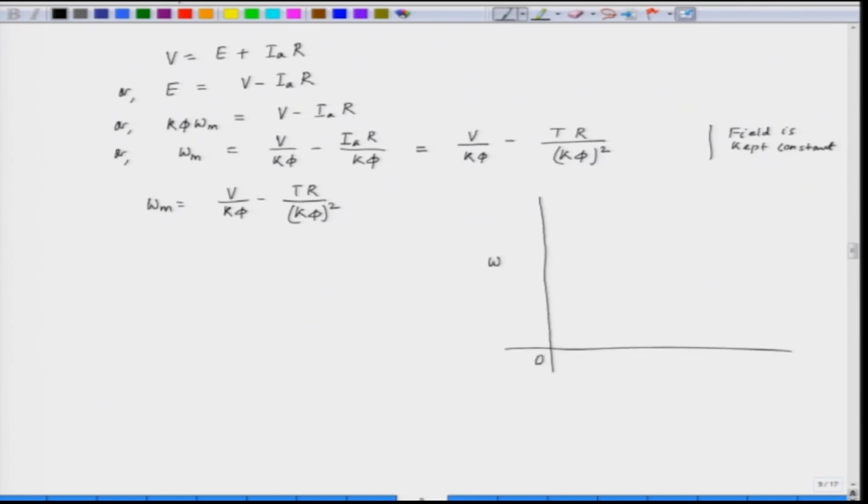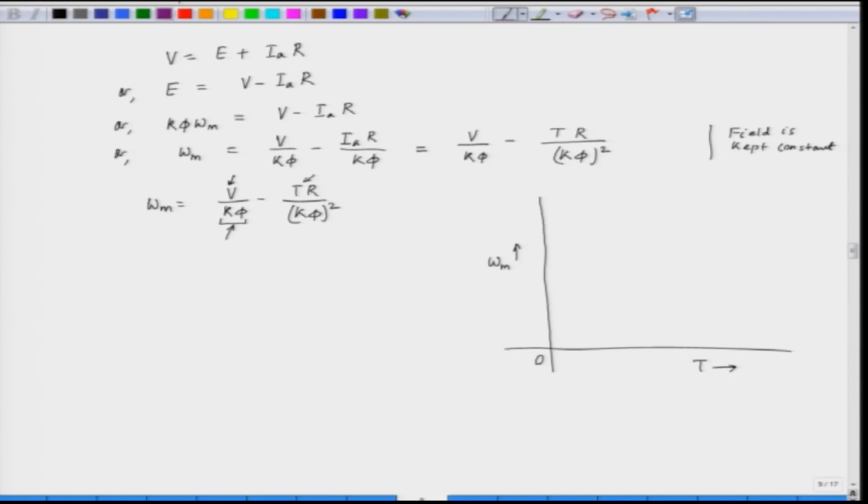We are here plotting omega m in the y axis and torque in the x axis. So, this is the applied voltage. The K phi is constant because we have assumed that the flux is constant. So, if K phi is constant and T is variable, this is one variable and omega m is the other variable.